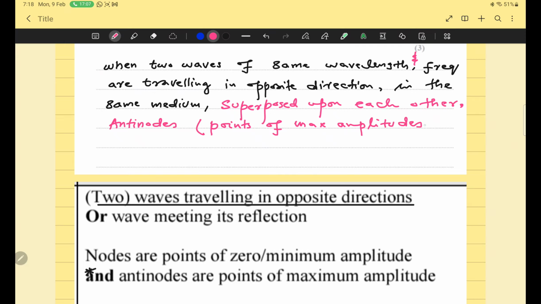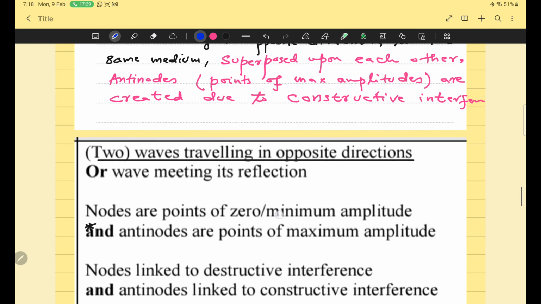Points of maximum amplitude are created due to constructive interference. And now I am writing about nodes.